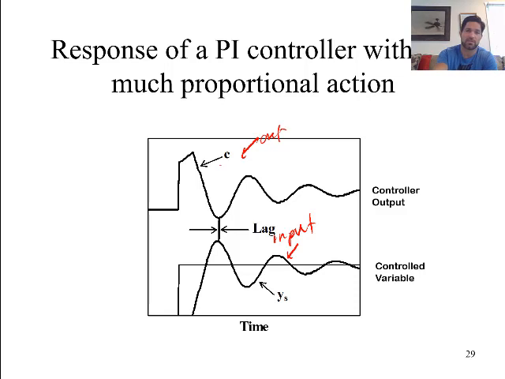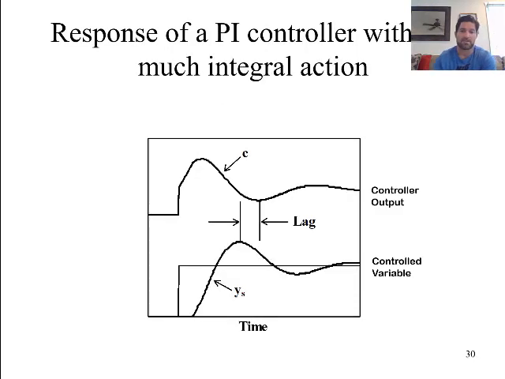The integral term is not doing enough work. If the lag is too large, that means the integral is doing more work than needed because the response is more sluggish, right? Now, in either case the control performance could be acceptable. The point is that it's not ideal relative to your control objective if you're trying to minimize the amount of error or have a process behave a certain way.